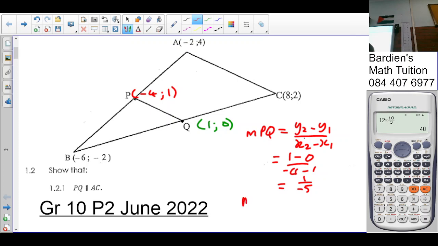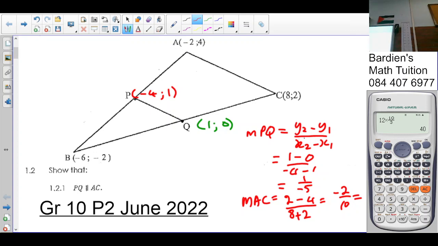So now we do the gradient of AC. Same story. y2 minus y1 over x2 minus x1. Okay, that simply gives us -2 over 10, which is -1 over 5.